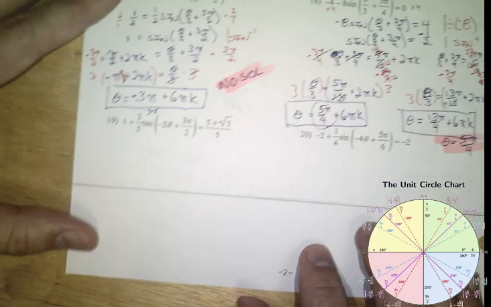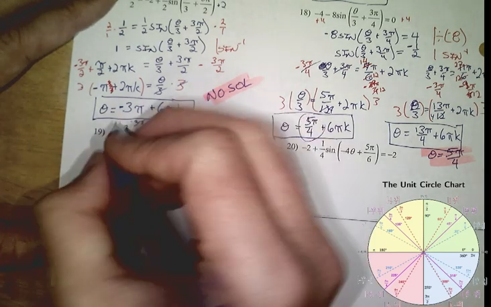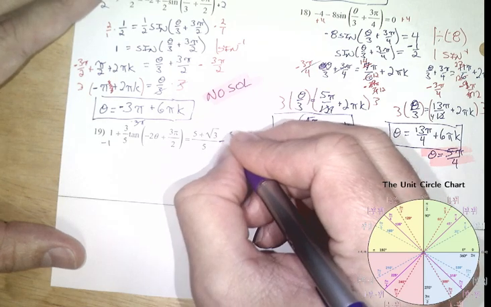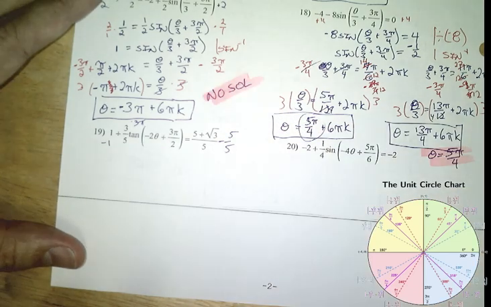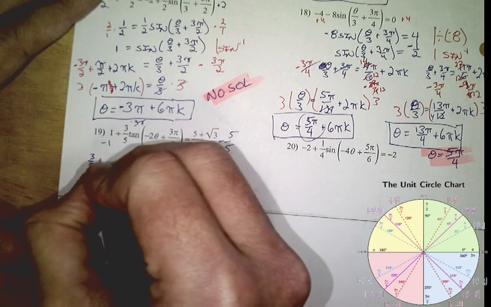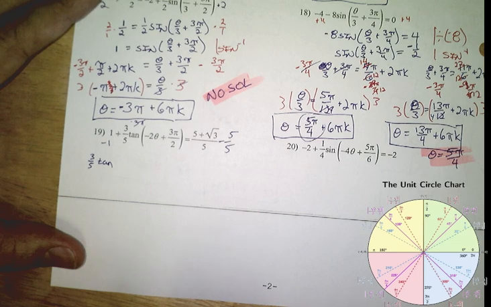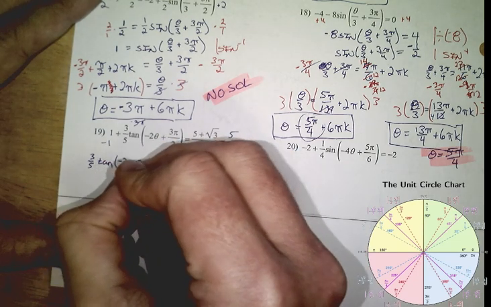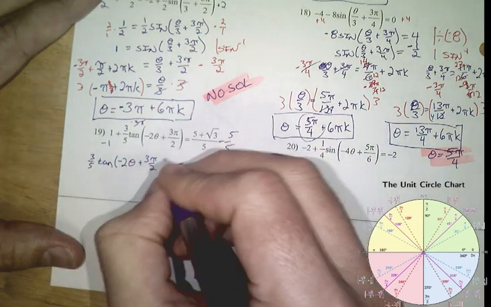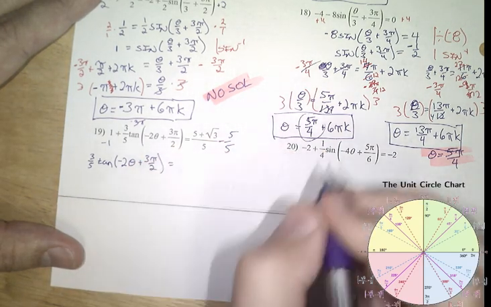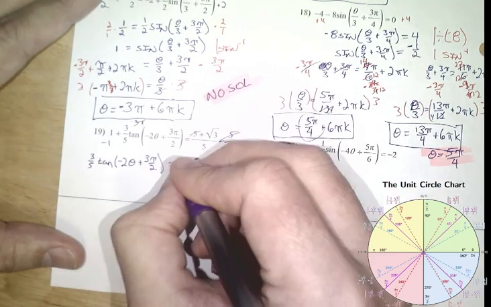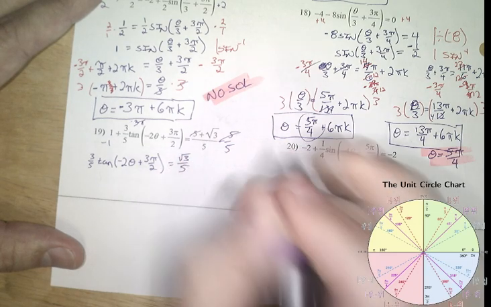This one looks ugly, but we'll just take it one step at a time. Start by subtracting 1 from both sides. To make this common denominator, I will subtract 5 over 5. So that should give us 3/5 tangent of negative 2 theta plus 3 pi over 2 is equal to, so that 5 cancels out that 5, leaving just the square root of 3 over 5.